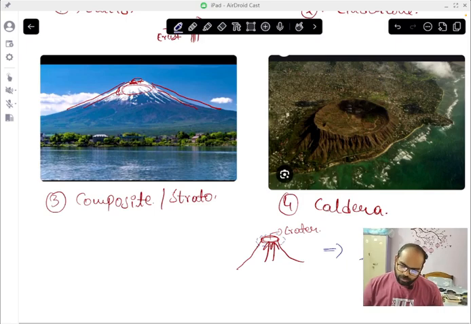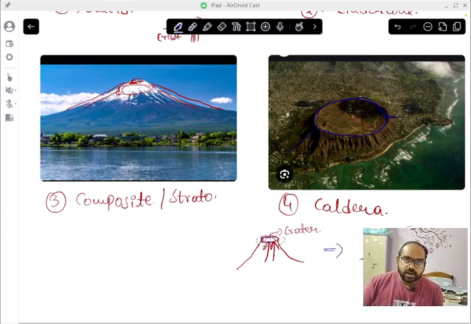The above part got broken, and it develops into a wide depression. It is called a caldera. Due to continuous explosive hitting of lava, the crater part gets broken down and forms this depression.